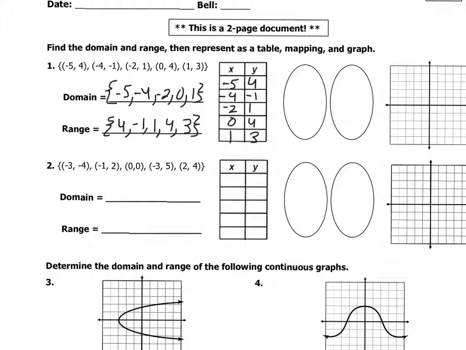So when we're mapping it, usually we like going from least to greatest, so our smallest domain value would be -5, then it would be -4, then -2, 0, then 1, and our smallest range value would be -1, then it would be 1, then it would be 3, then it would be 4. We have two 4s, but remember when we're mapping, we don't repeat, we just write 4 once. And what we'll do is we'll just connect it with 2 arrows as we're connecting our domain with our range.